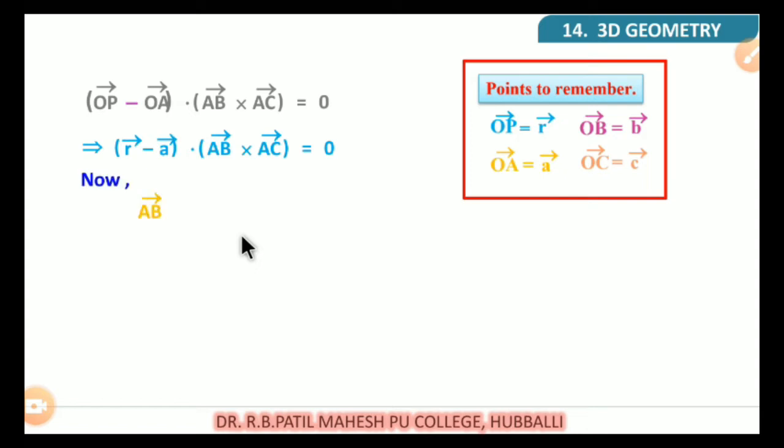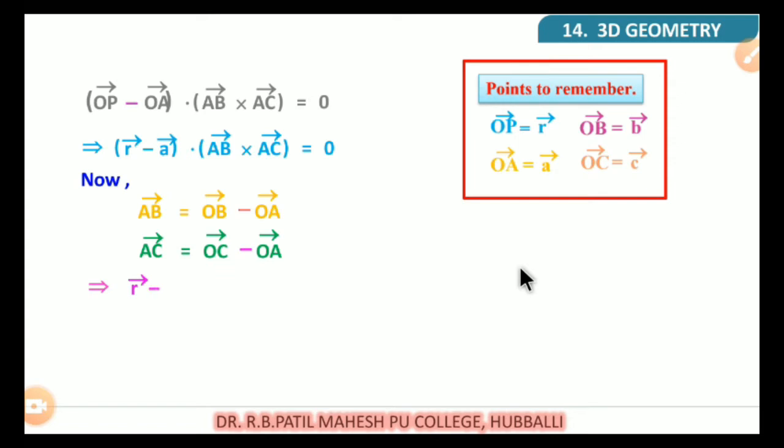Now here we can find out the values of AB. So AB vector is what here? That is OB minus OA. Therefore it is equal to b minus a vector, and similarly AC vector can be taken as OC minus OA.